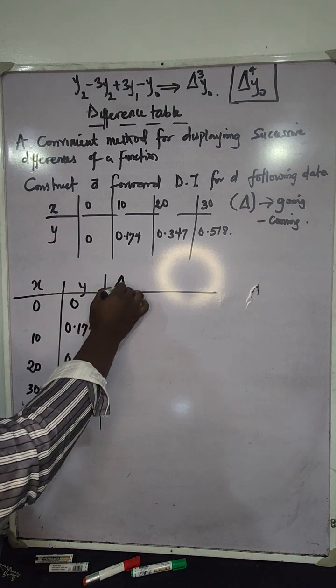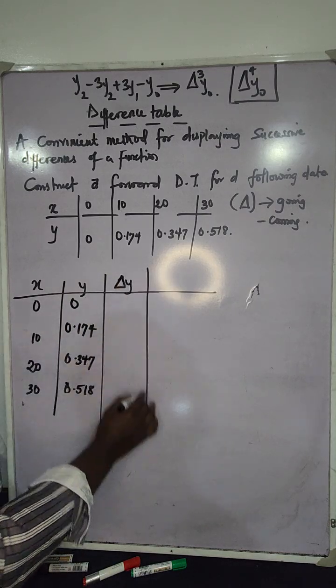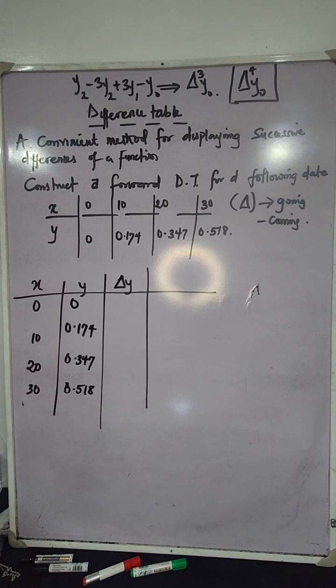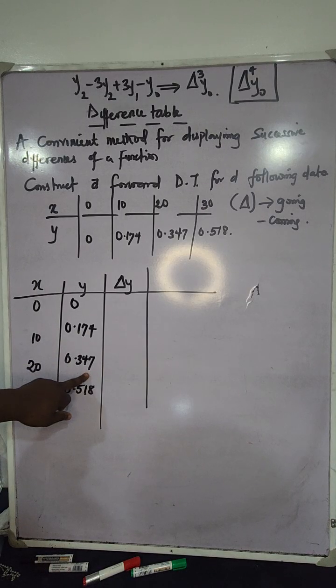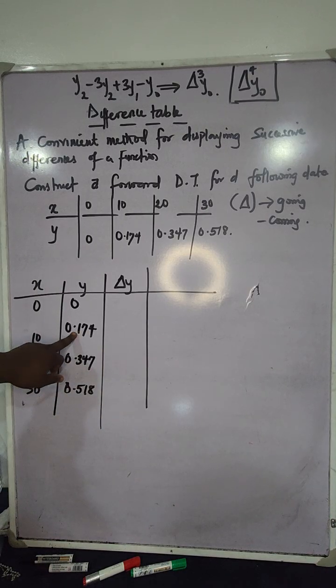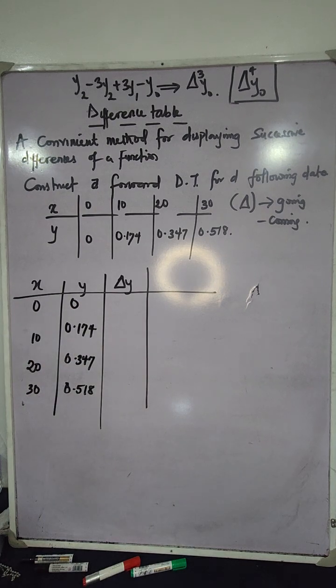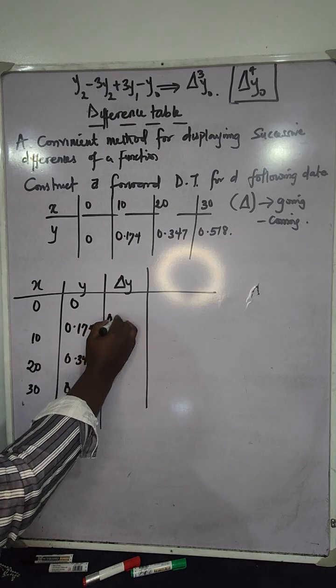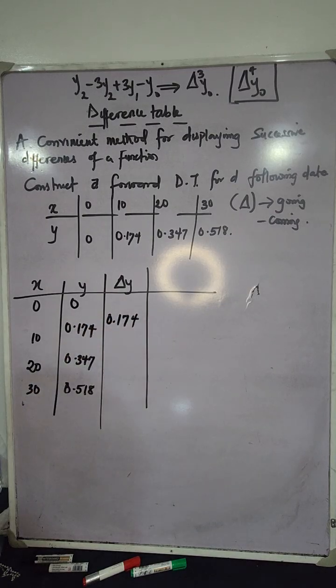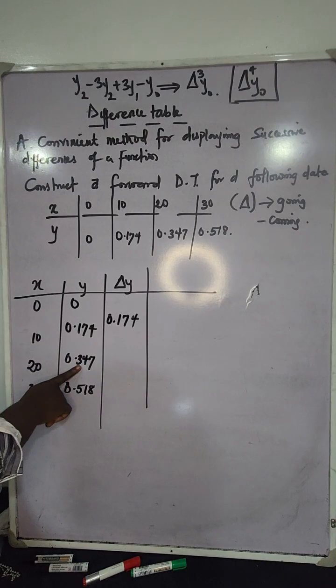We say, what is the forward difference of y? So the forward difference of y is where we are going to minus where we are coming from. So this should minus this. So we are saying 0.174 minus 0. We're going to be having 0.174. Here we are saying this should minus this.